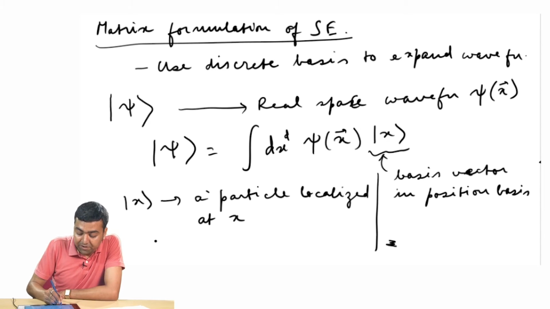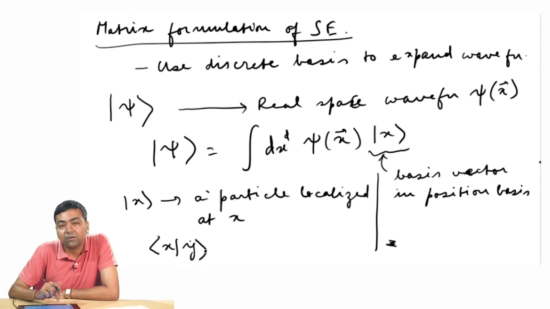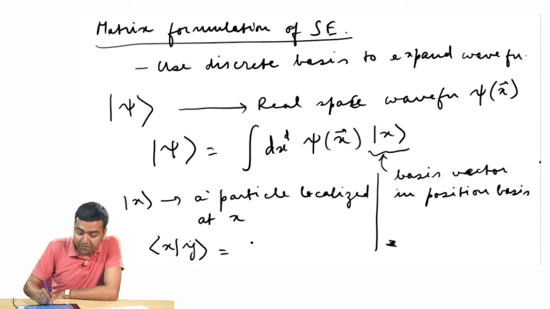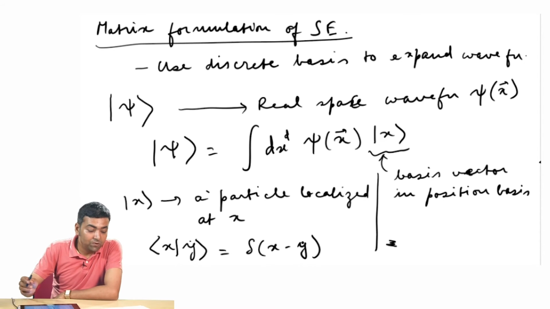What this implies is that if we take any other basis vector |y> and compute the projection of |y> on |x>, that will give me a delta function. It means this will give a non-zero value, or you will find the particle at the position, only when x is equal to y.